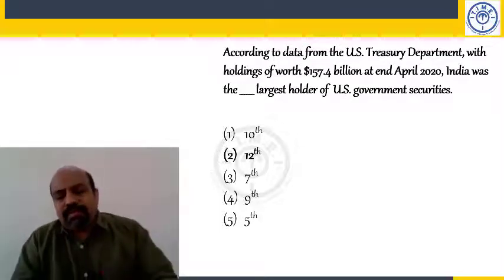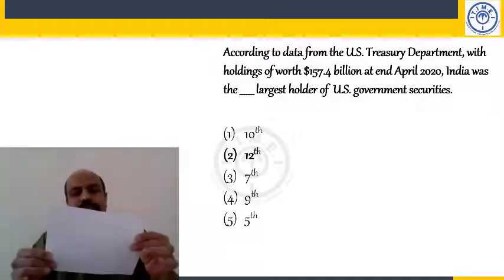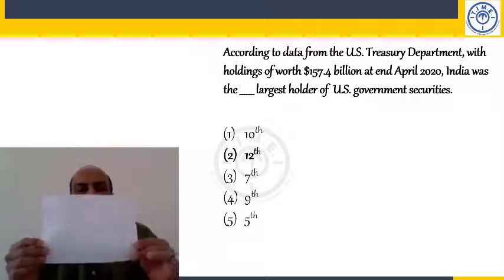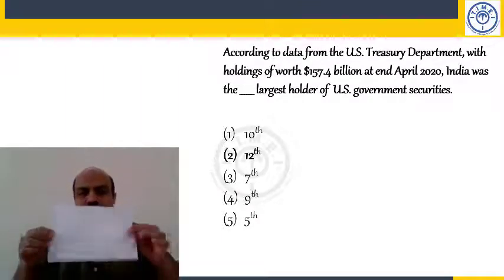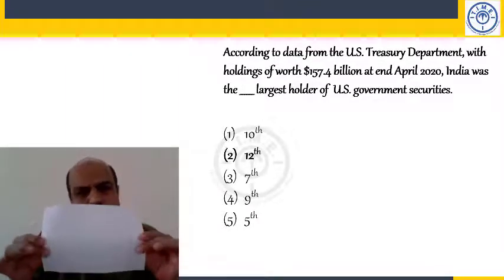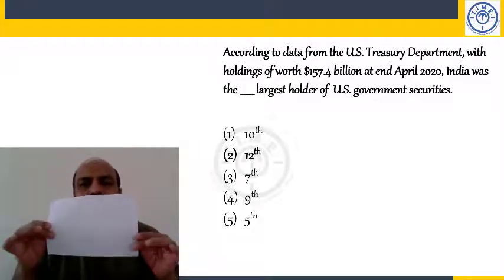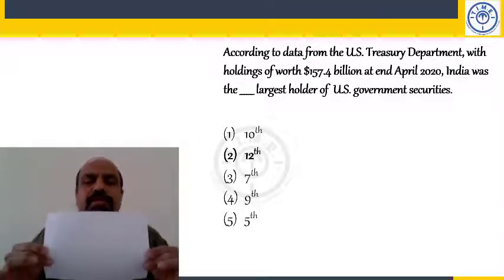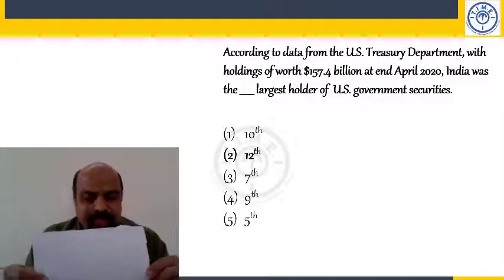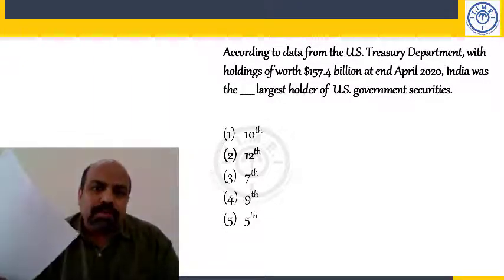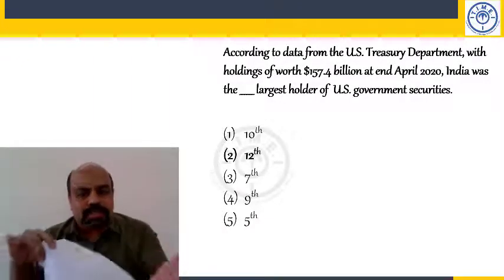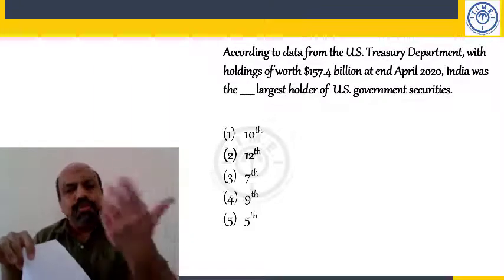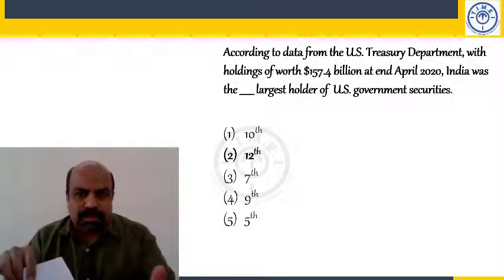See, when American, let's say this is a bond, it's a black paper. American government issues a bond. Let's say a $100 bond, 3 years, 2%, which means this bond is worth $100. It tells India, you pay me $100.